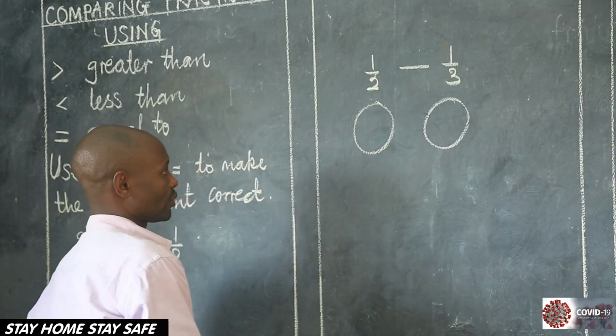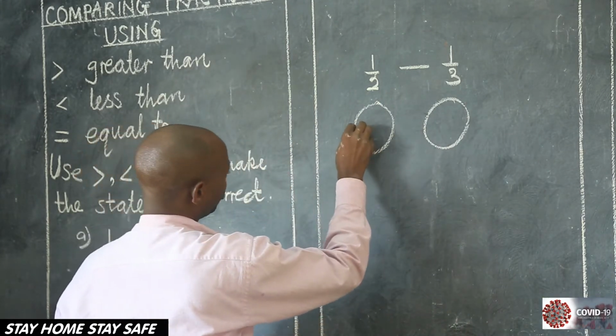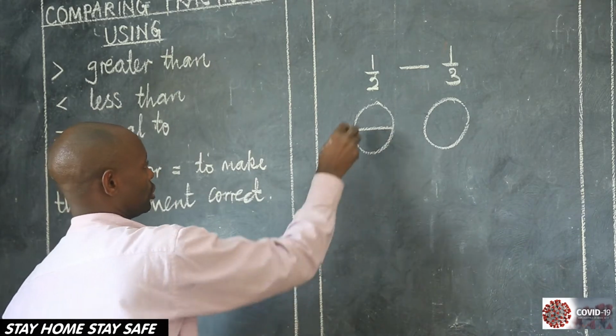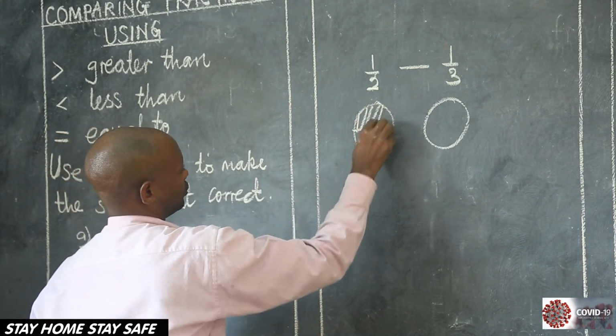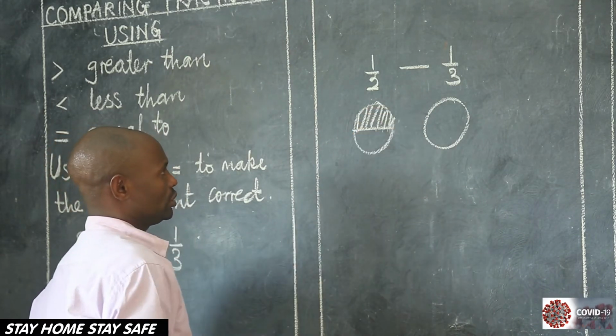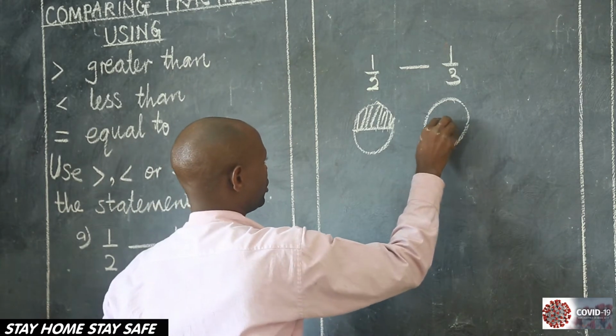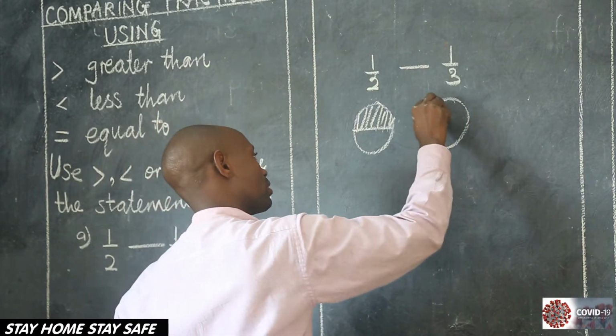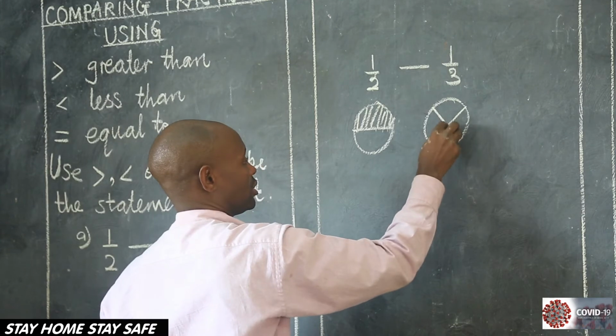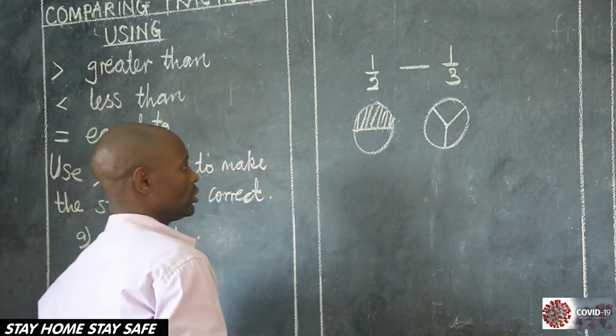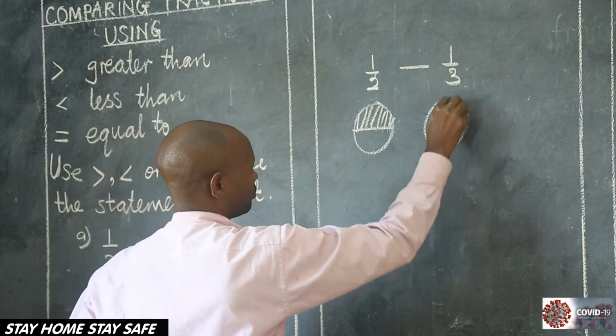Then divide this one into 2. So you shade a half. Even this one, we are going to divide it into 3 parts. So we have this, we have this, we have this. So you shade a third.